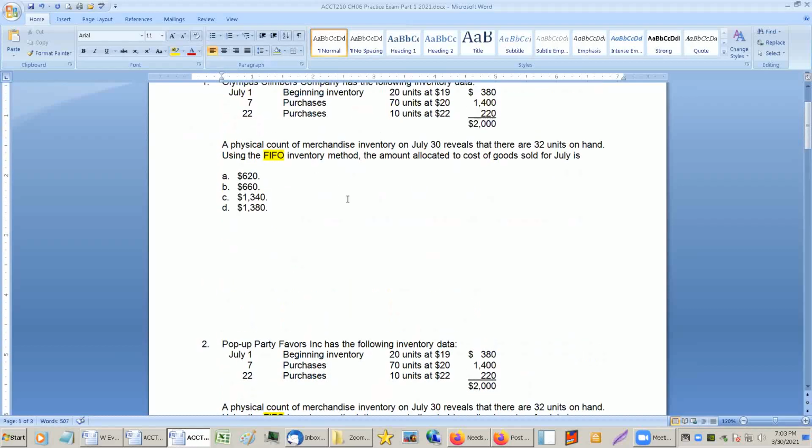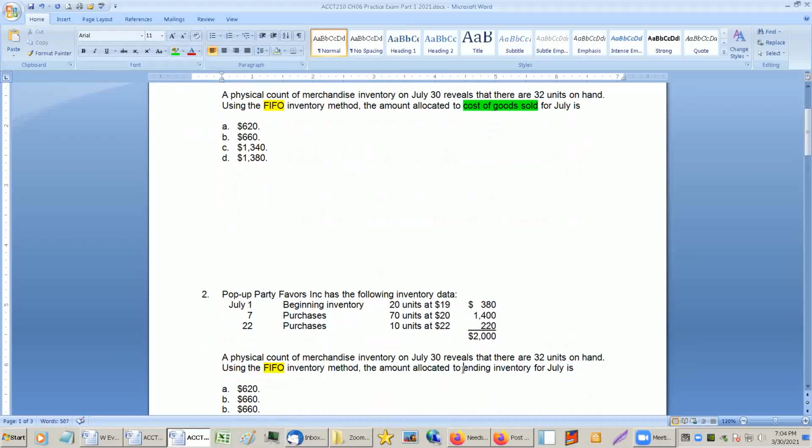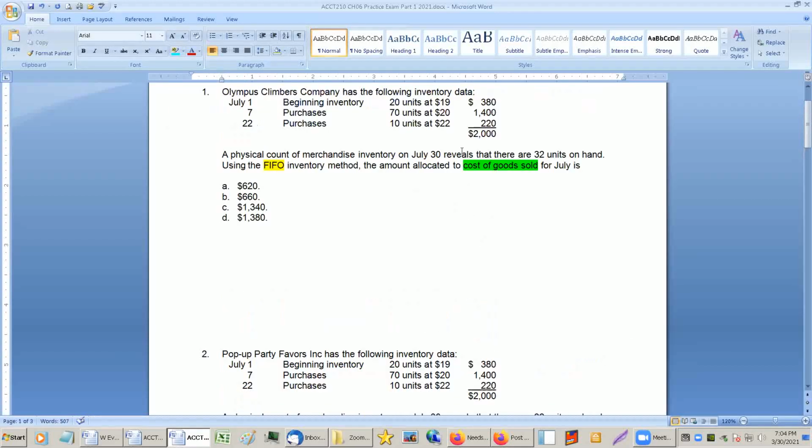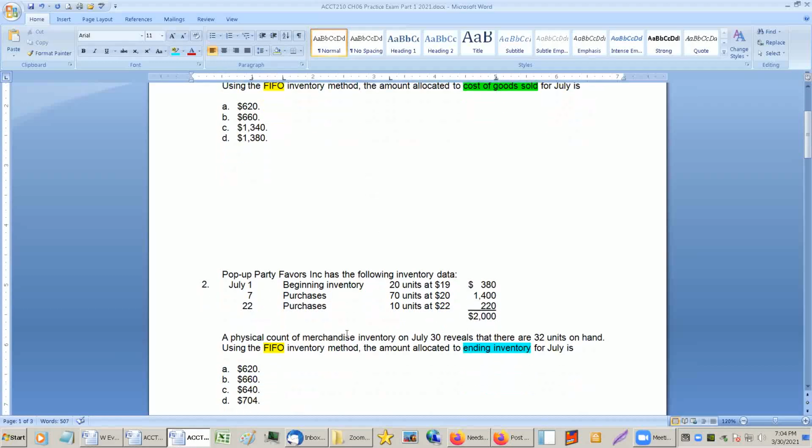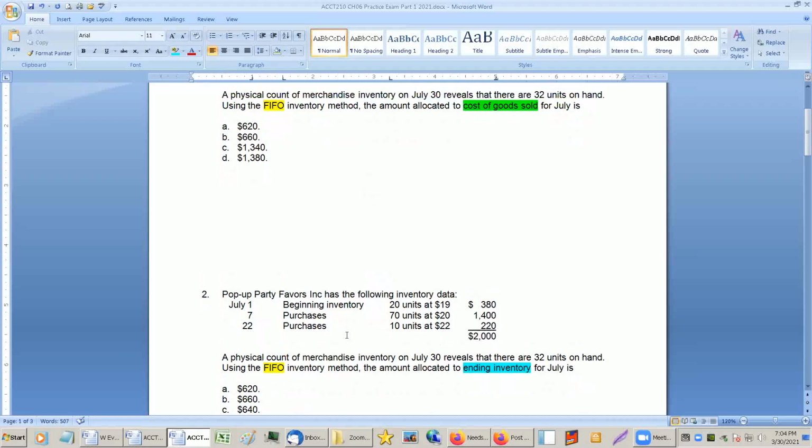The first one is the cost of goods sold, and the second one is the ending inventory. They have the same data, so you can do these both at once. It may be quicker to do it that way. But the first one's asking for the cost of goods sold, and the second one's asking for the ending inventory.